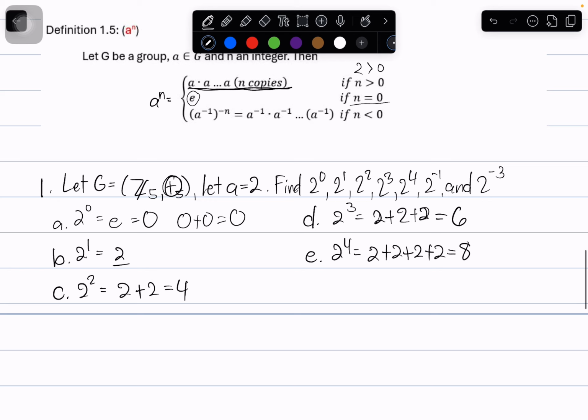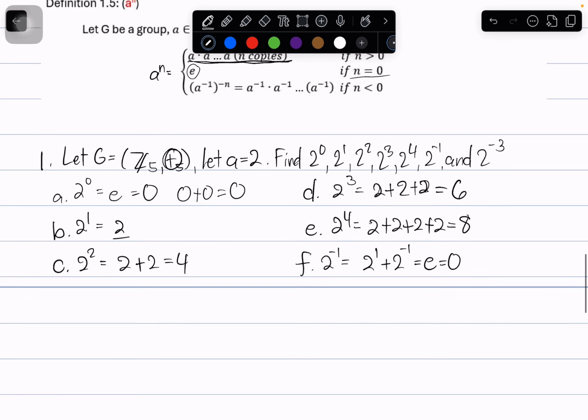Okay, so now, we're trying to find the inverse. So try to find the inverse of 2. Our answer for 2 inverse is basically, if we have 2 raised to 1 plus 2 inverse, we will simply get the identity element, which is 0.